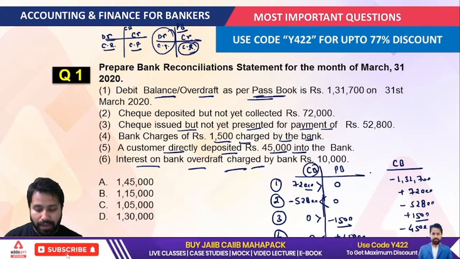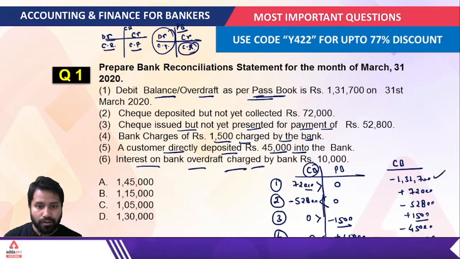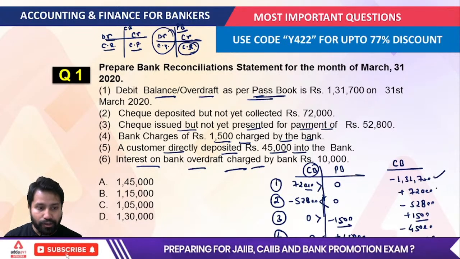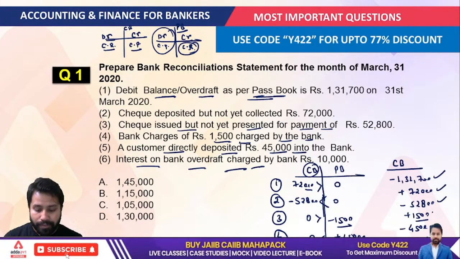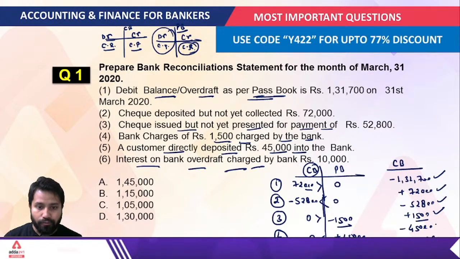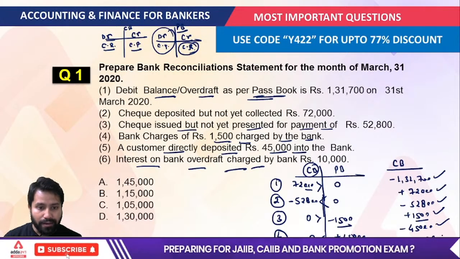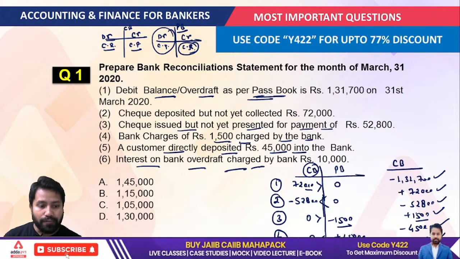Tell me what would be the answer here. The first is minus 1,31,700, second is 72,000, third is minus 52,800, another is 1,500, then 45,000, and then your 10,000, right? So your answer would be 1,46,000.